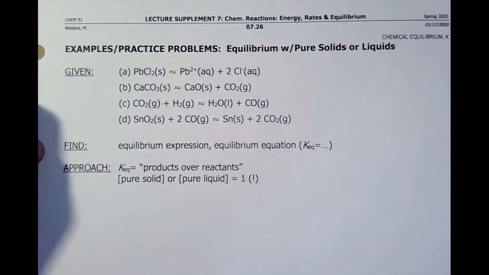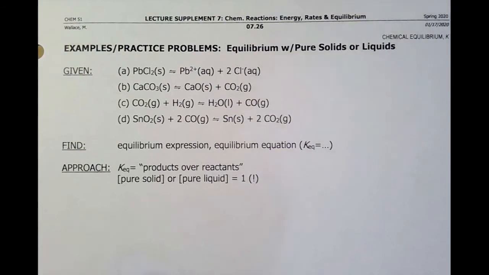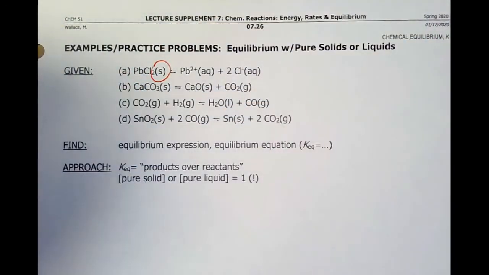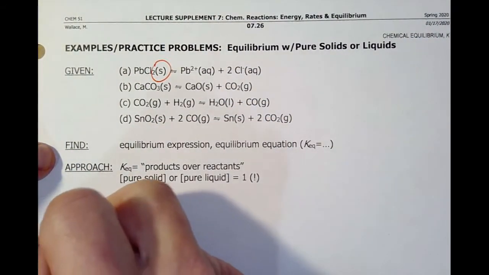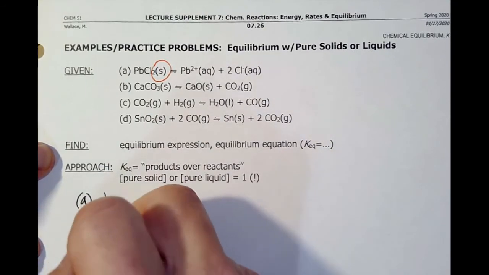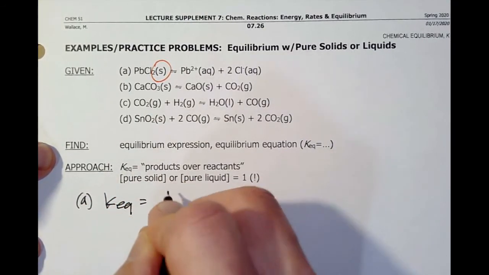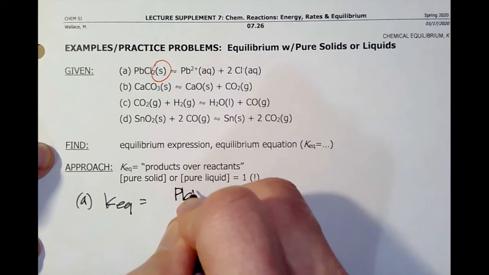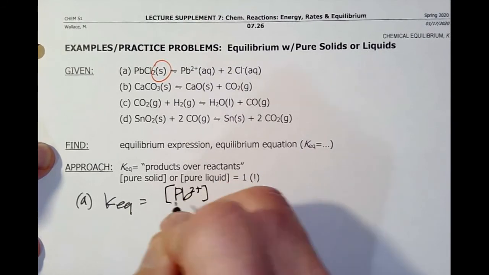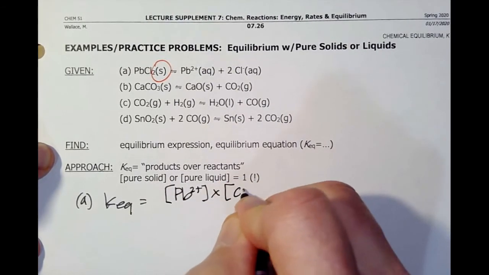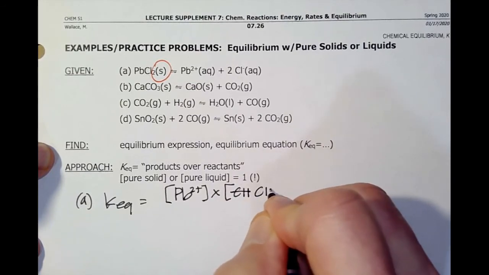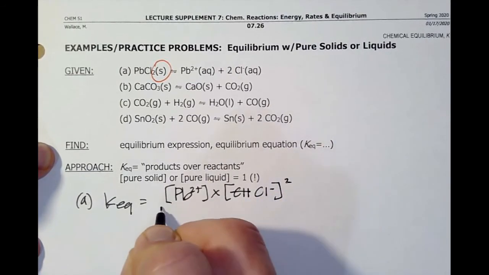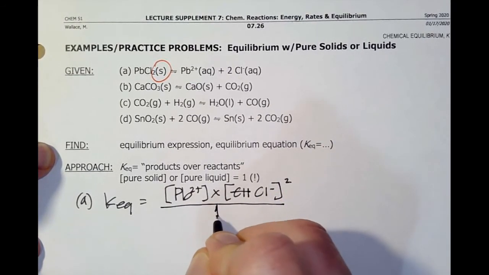Let's do one more problem. See how this works. Page 7.26. Right away I see solid right there. K equilibrium equals products over reactants, Pb2+ times chloride raised to the second power over 1.